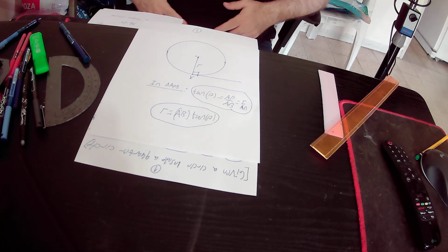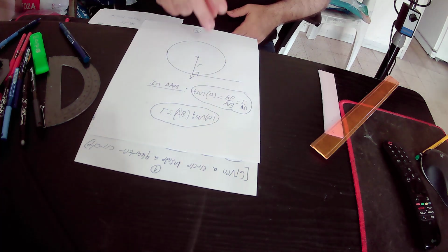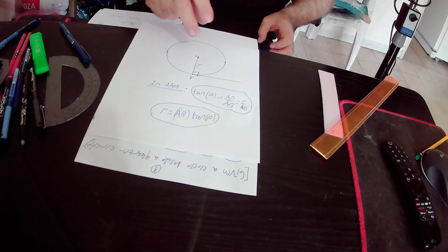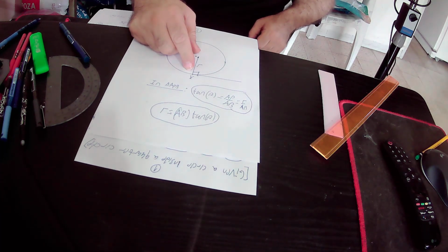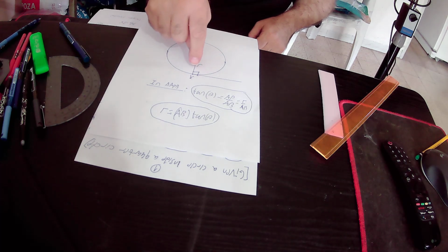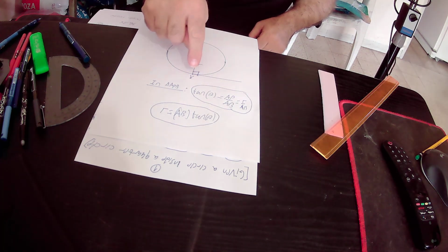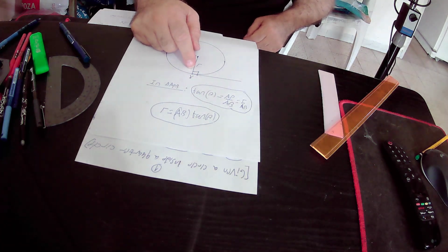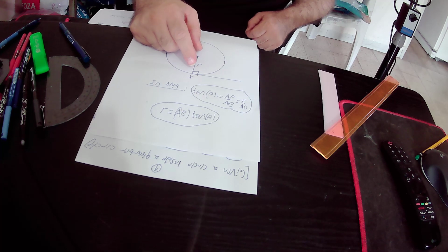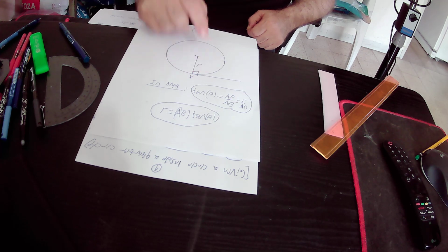So the radius is always perpendicular to its tangent. If this is the radius, then this is the tangent, and they touch each other at point X, and this angle is 90 degrees.